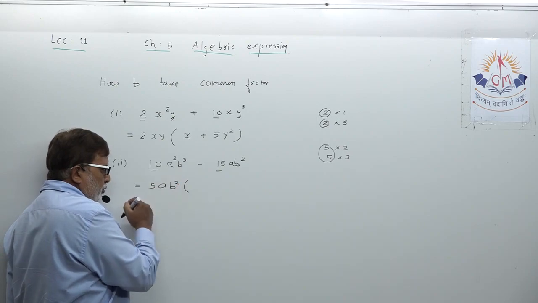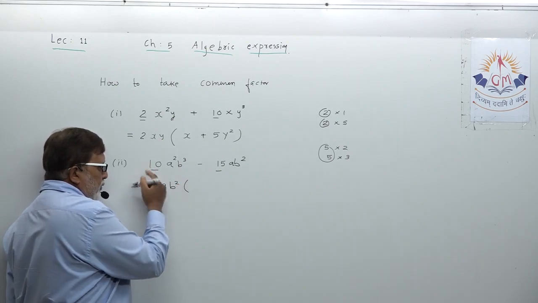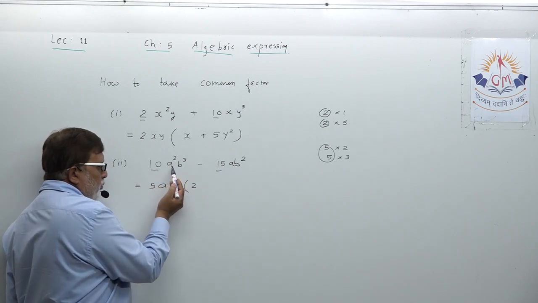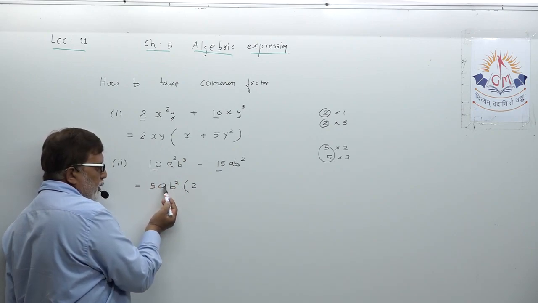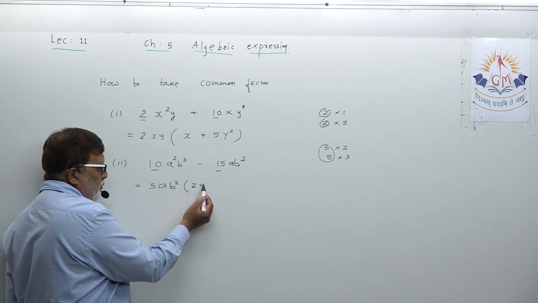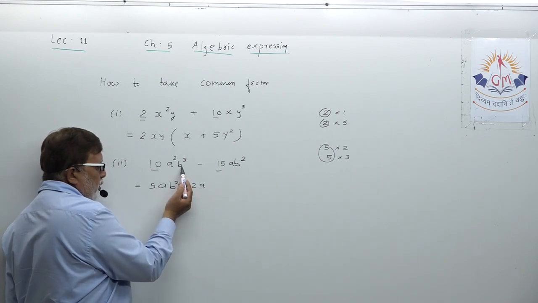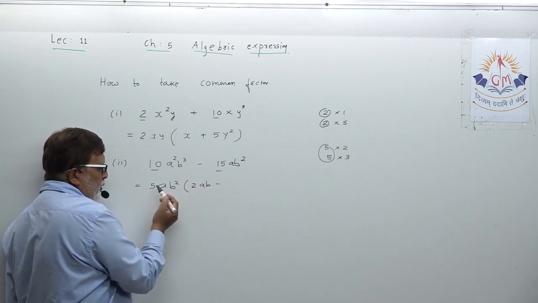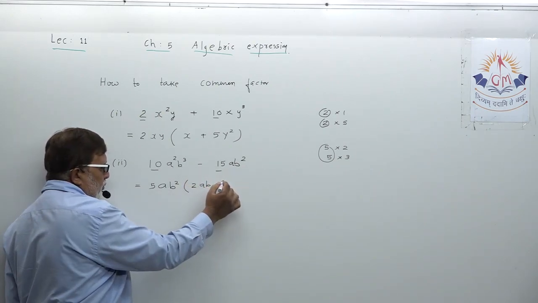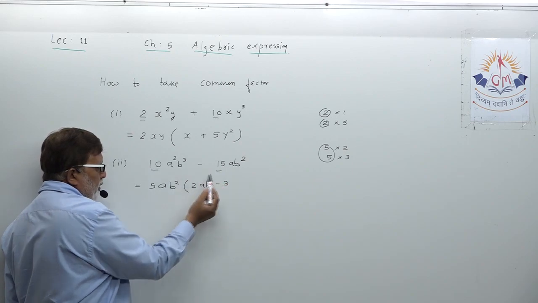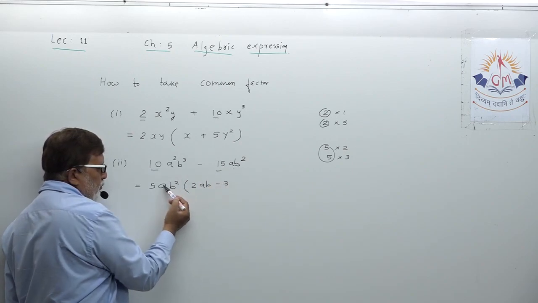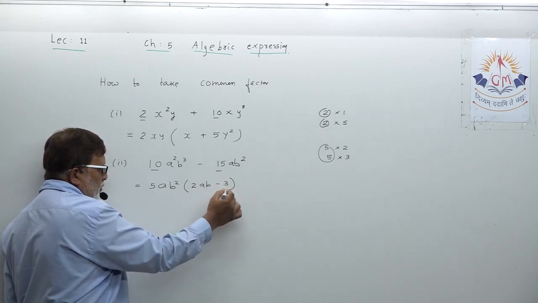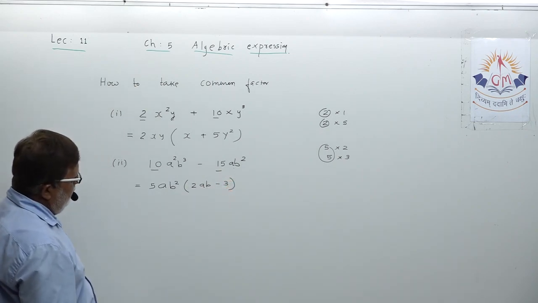Now what to write in the bracket? 5 how many times gives 10? 2 times. From a square, a is common, so a. From b cube, b square is common, so 1b is left. 5 how many times gives 15? 3 times. a is taken out common, b square is taken out common, so nothing in the next term.